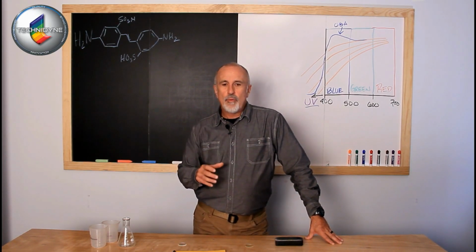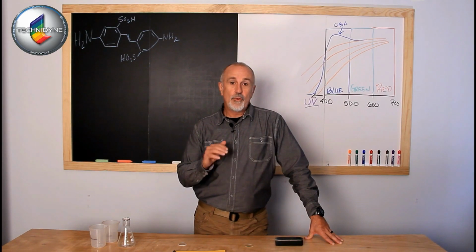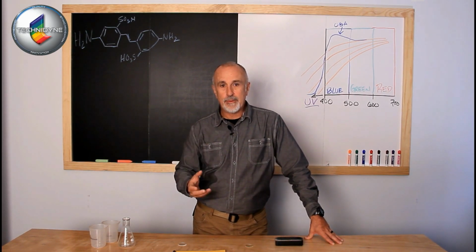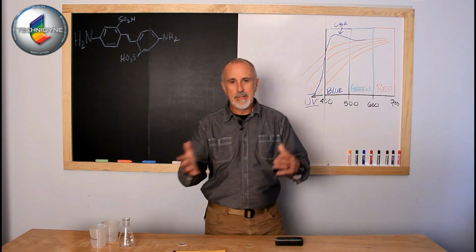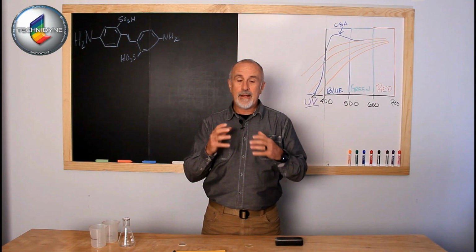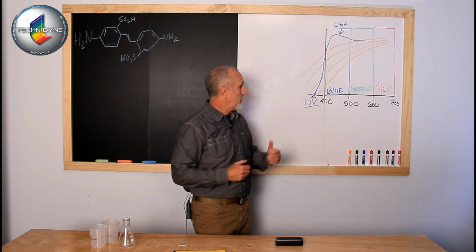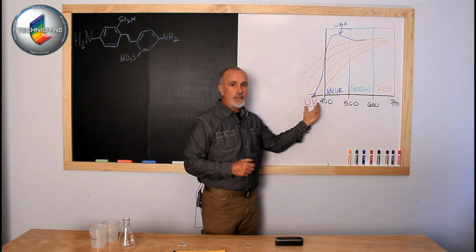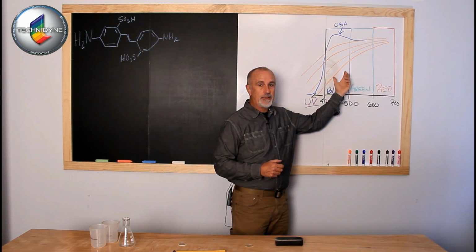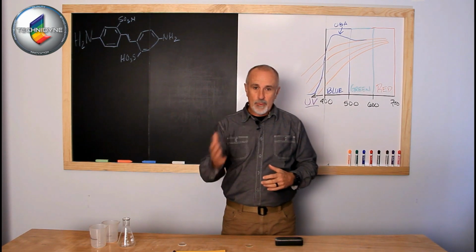Just as a quick overview, the purpose of an OBA, an optical brightening agent, is to make white paper brighter or whiter, whichever measurement you make in brightness or whiteness. They accomplish that by absorbing energy in the UV region of the spectrum and emitting that energy over here in the blue region of the spectrum where brightness is measured.